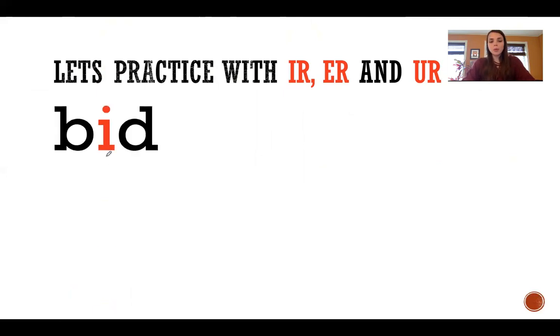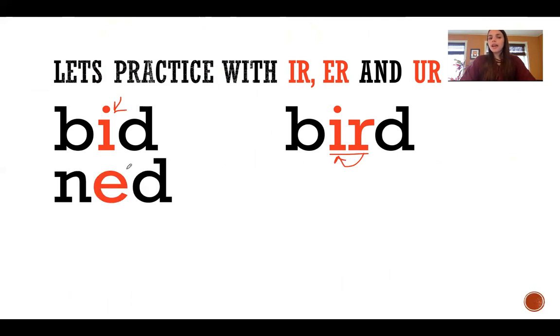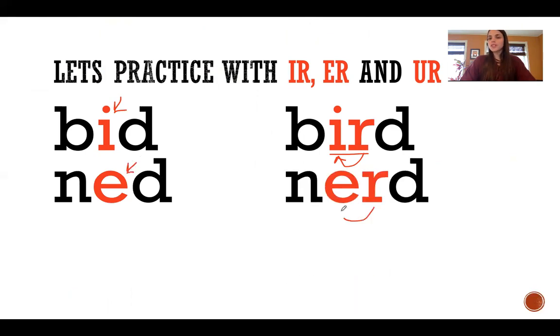If I have the word bid, I know that my vowel sound I says i. But if bossy R comes around, it changes that vowel sound and says arrr. So my new word is bird. If I have the nonsense word Ned, but if bossy R comes around, it changes the vowel sound and says nerd.